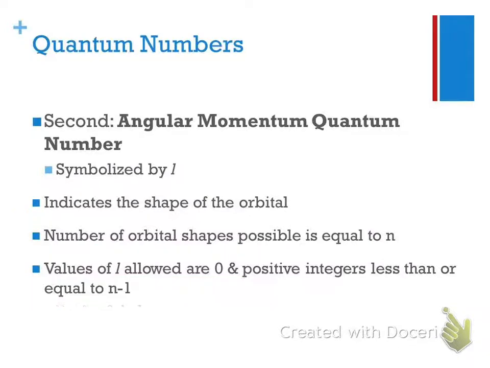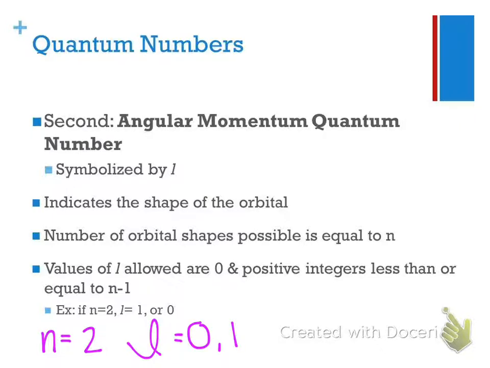So let's look at an example. If n equals 2, L can equal either 0 or 1. So if n equals 2, I can have 2 possible orbital shapes, and my values are either 0 or 1. I know this still seems abstract.